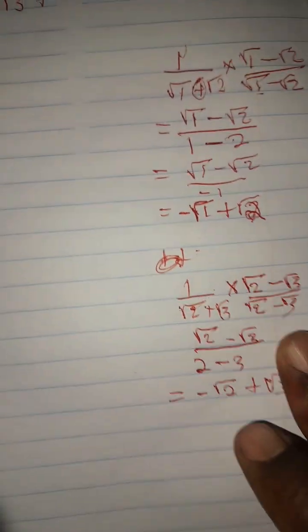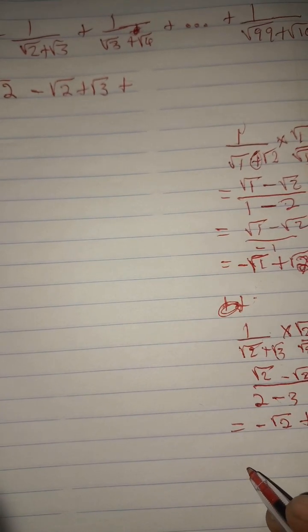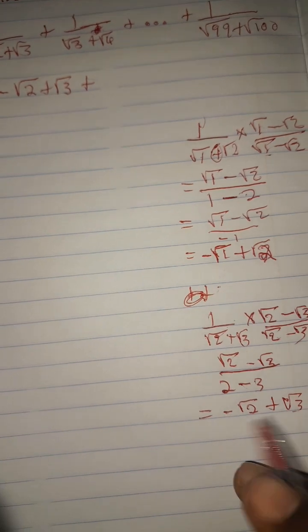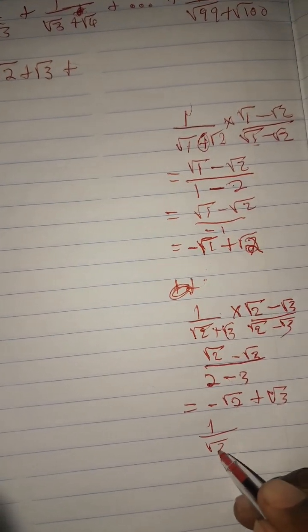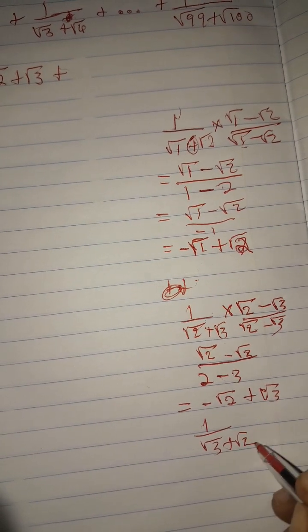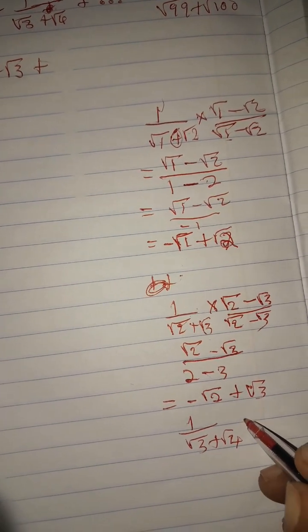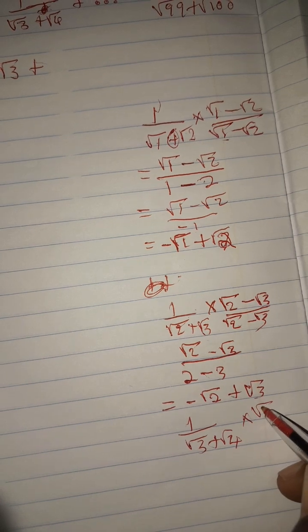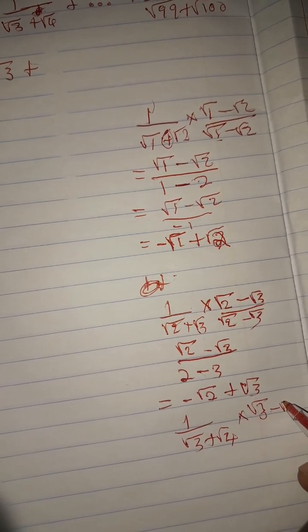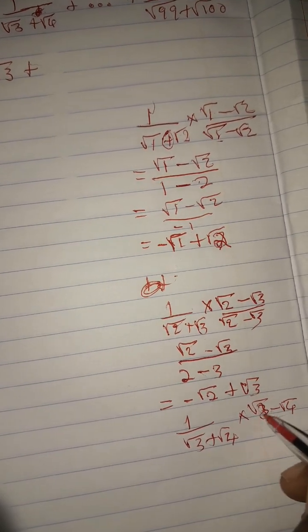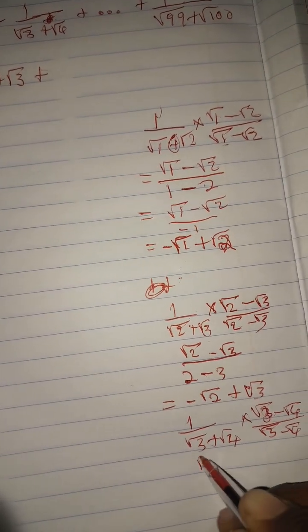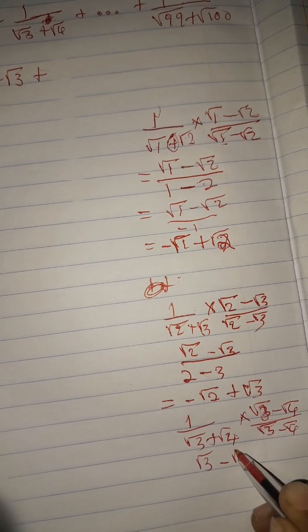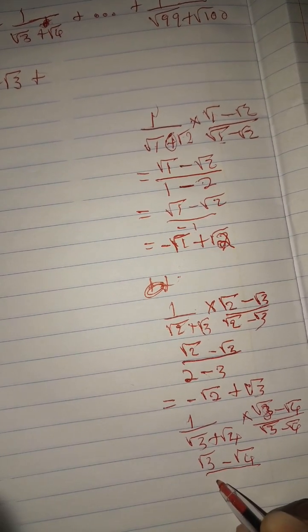Plus, let's work out the other parts and see what we are going to have. We have 1 over √3 plus √4, multiplied by the conjugate, √3 minus √4.